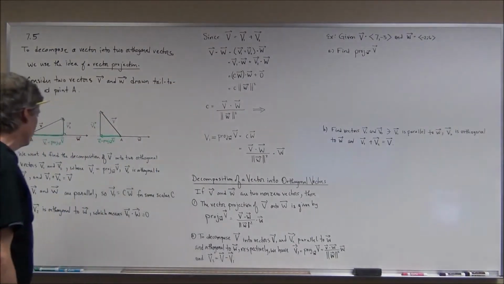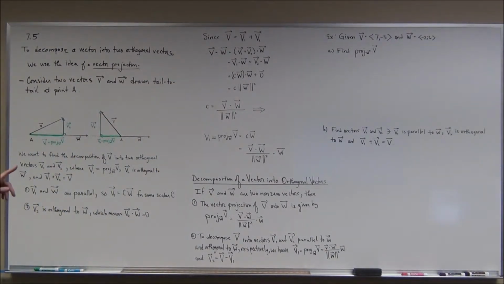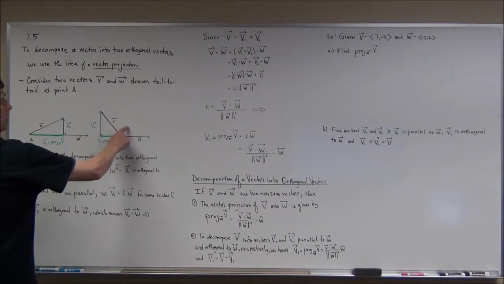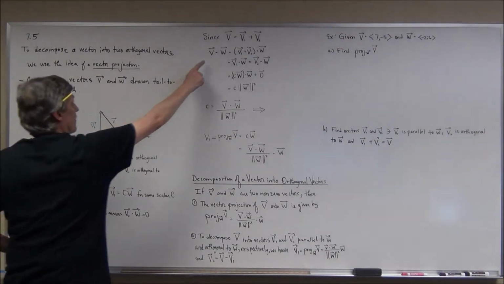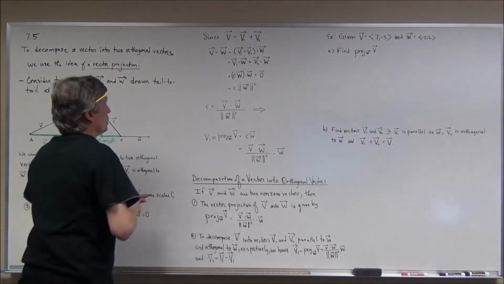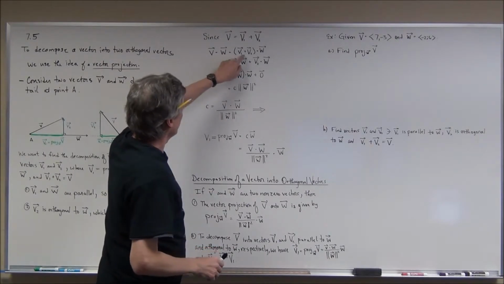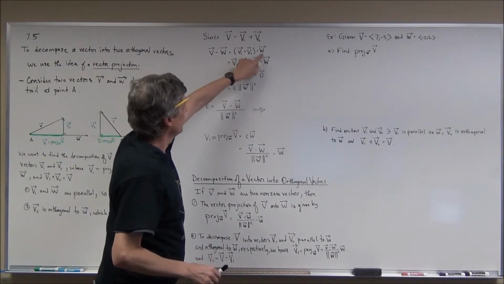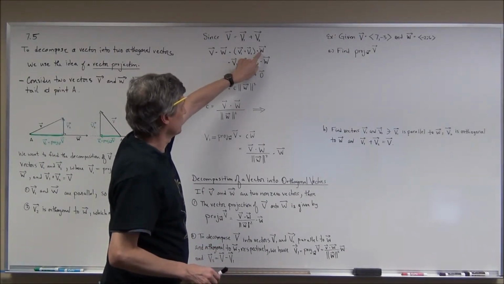Now remember, we just said a few seconds ago that vector V is determined to be the sum of the two vectors. So what we have is V dot W, we have the sum of the two vectors dot vector W here. This is the dot product.